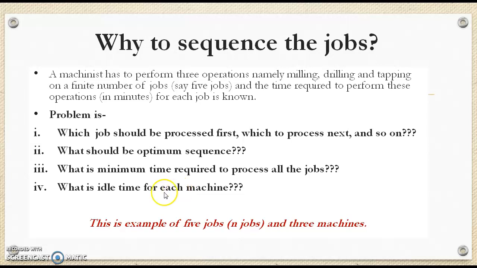This example is specifically of the type of 5 jobs, that is more than 2 jobs, so it is called n jobs and 3 machines, because we have to perform 3 operations, milling, drilling and tapping. So we require 3 machines. Therefore this example is of the type n jobs 3 machines, and for solving such problems, we should know the technique of sequencing of the jobs.